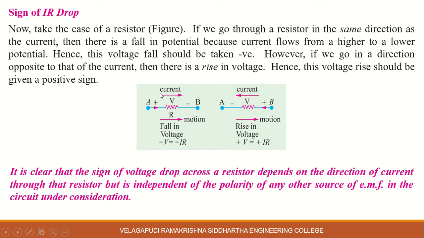If you consider this current direction, current flows from higher to lower potential. In this figure also, the current direction is from node B to node A, so from higher potential to lower potential.